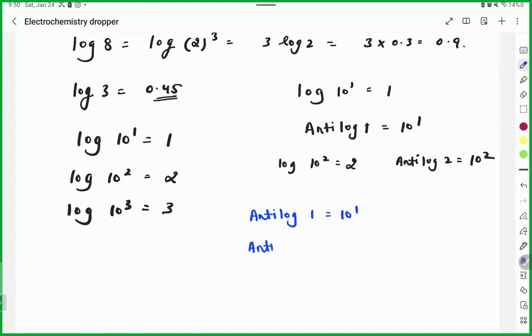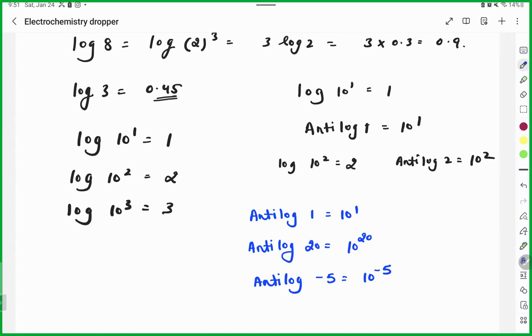Anti-log of 20. Tuhina, anti-log of 20. Sir, 10 raised to power 20. Okay. Ryan, what will be the anti-log of minus 5? Does minus 5 have any value? Yes, 10 raised to power minus 5.